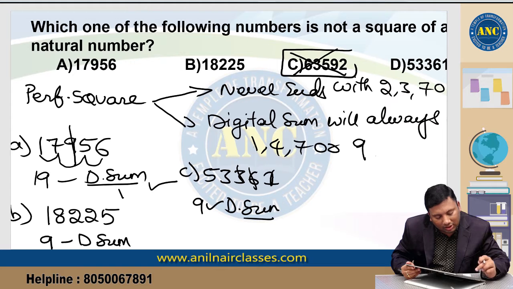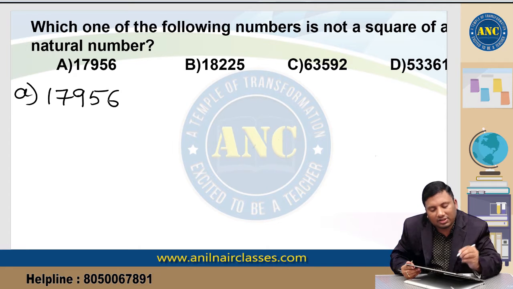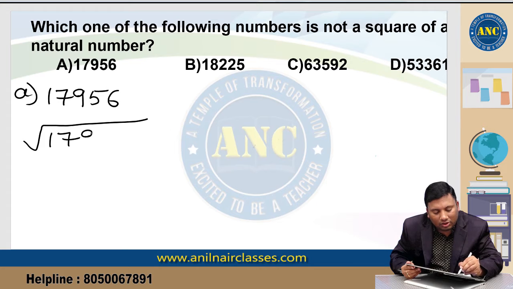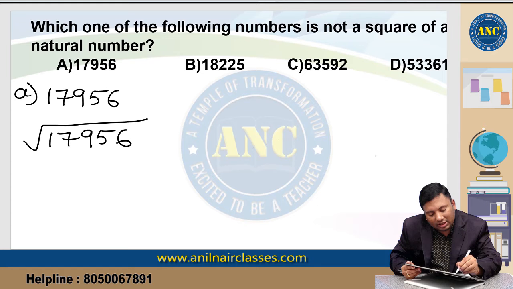Now what is that logic? First one, 17956. This is nothing but the square root of 17956. Keep a slash after 2 digits.